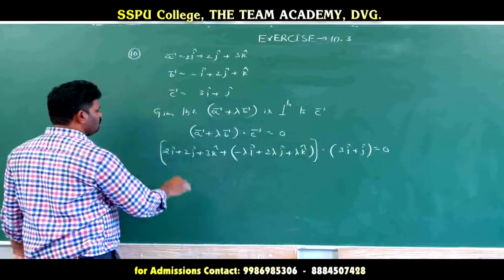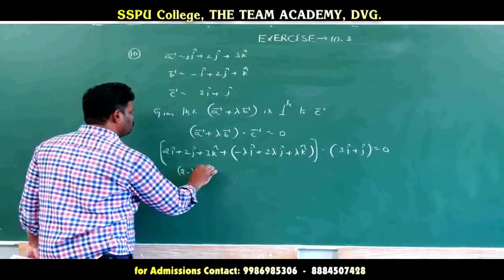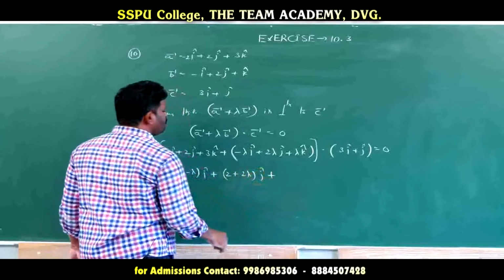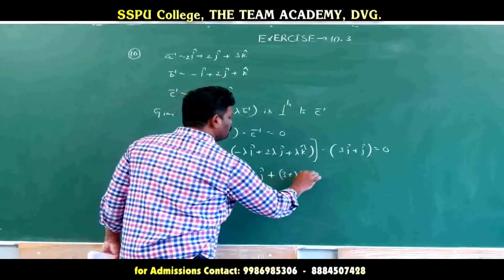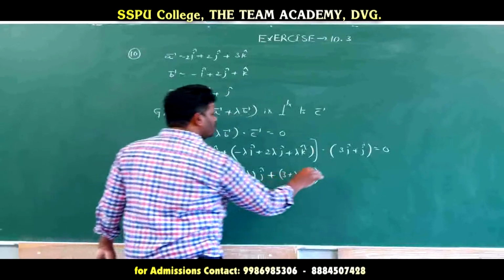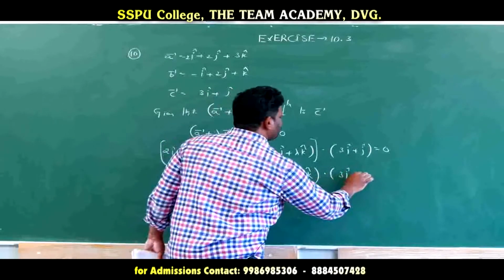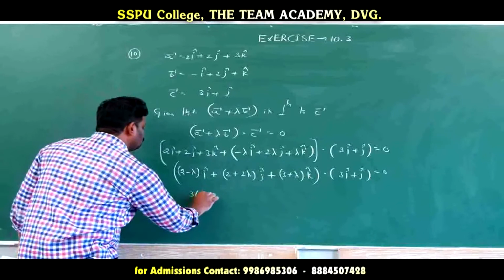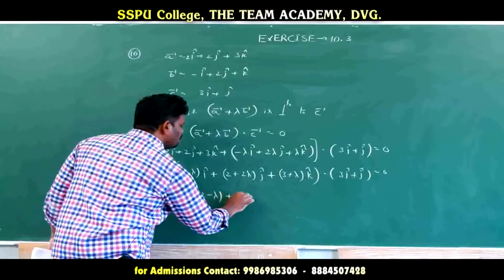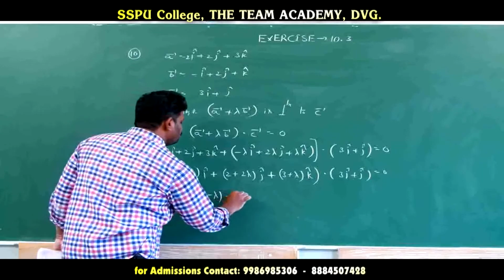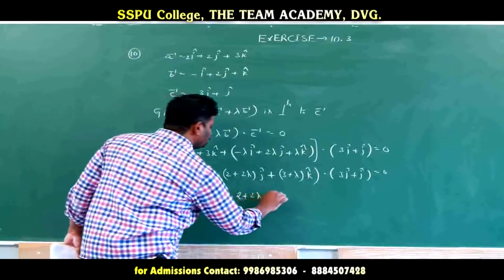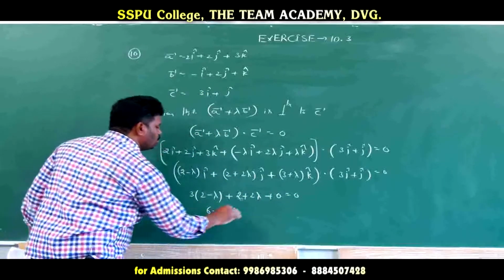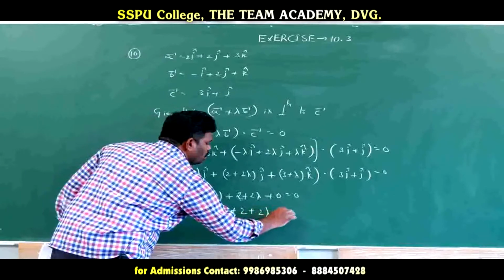Now first we take common: 2 minus lambda into i cap plus 2 plus 2 lambda into j cap plus 3 plus lambda into k cap, dot 3i cap plus j cap, is equal to 0. Now the dot product gives 3 into 2 minus lambda plus the j value 2 plus 2 lambda, but the k value is 0. So simplifying, 6 minus 3 lambda plus 2 plus 2 lambda is equal to 0.